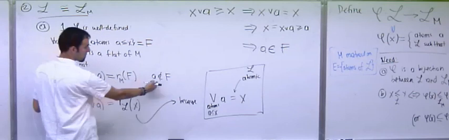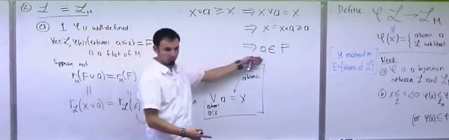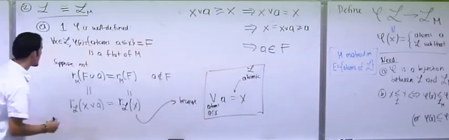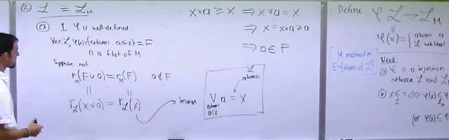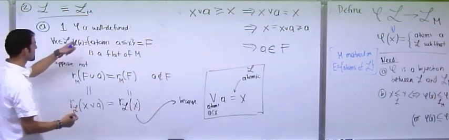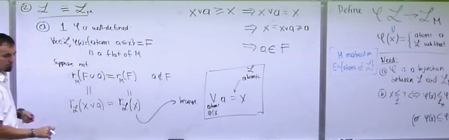So I would have assumed that A was not in F, and I got that A is in F. So there's my conclusion. This is a contradiction, and that shows that this actually is a flat, which is what I wanted to show.